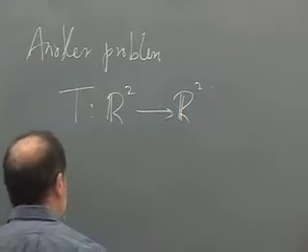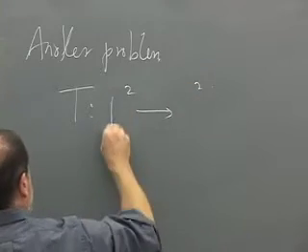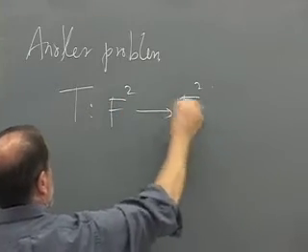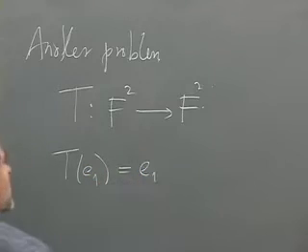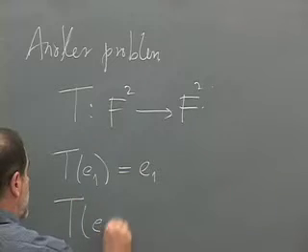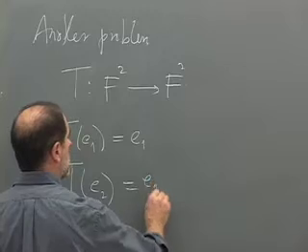In fact, why do R? This works over any field F. F2 to F2 that takes T of e1 to e1. That's a perfectly nice eigenvector with eigenvalue 1. And takes T of e2, the second basis vector, to e1 plus e2.